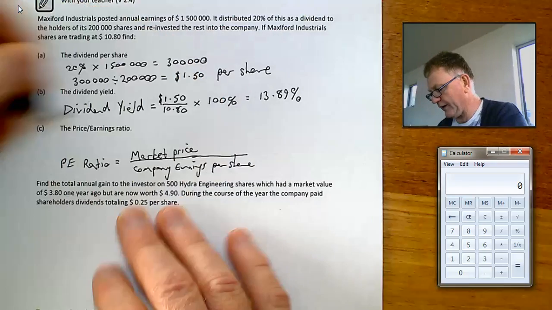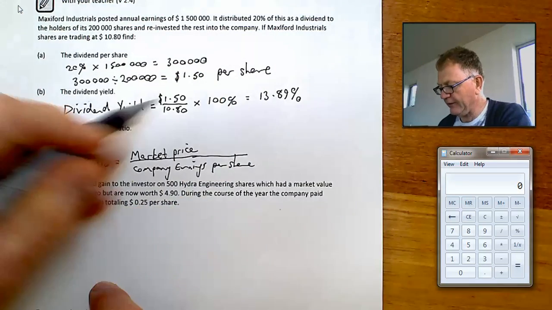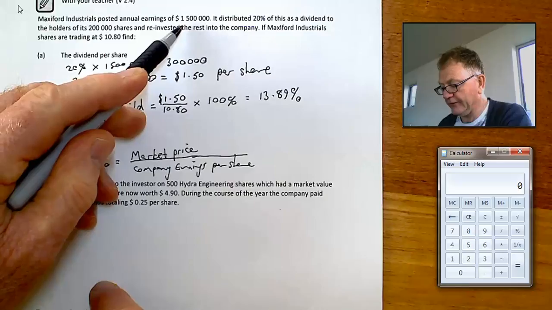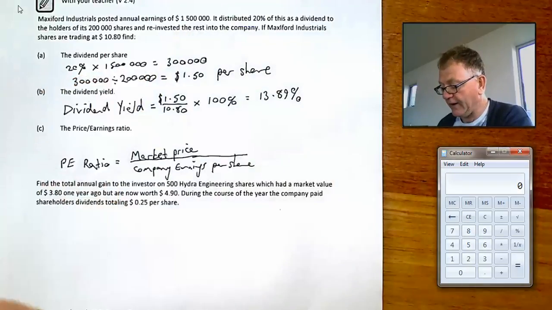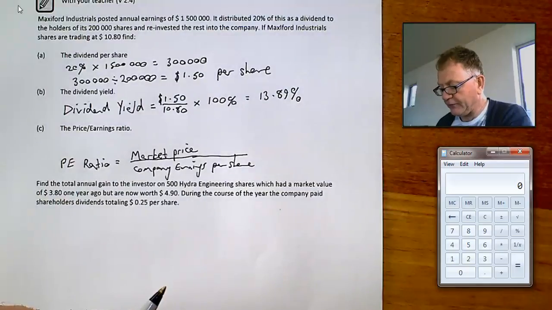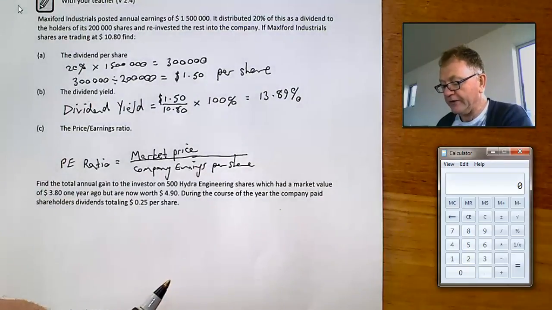Now if you look at that, this is the annual company earnings, $1.5 million. But we have to work out that per share.